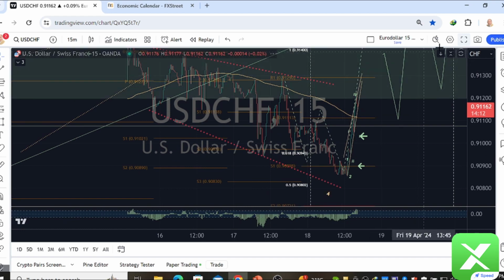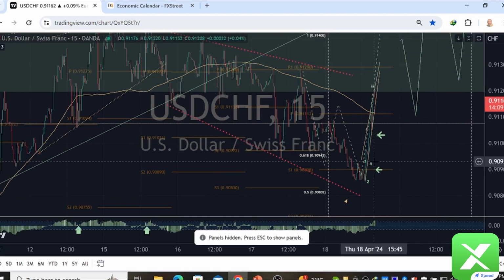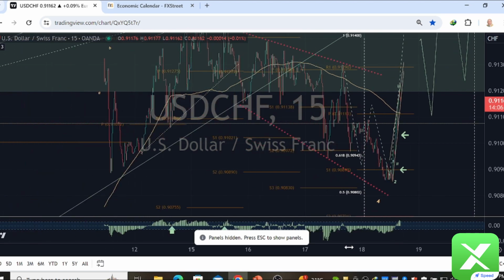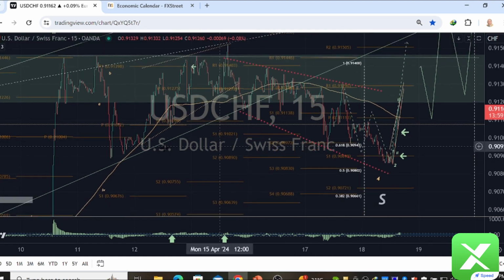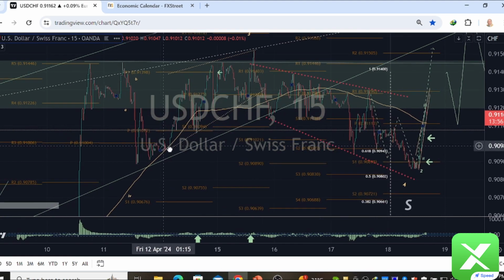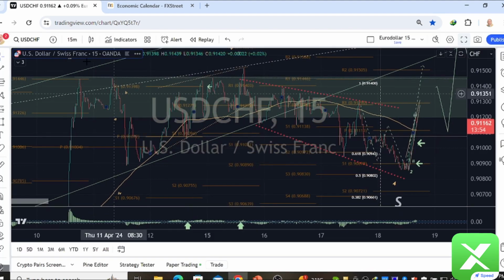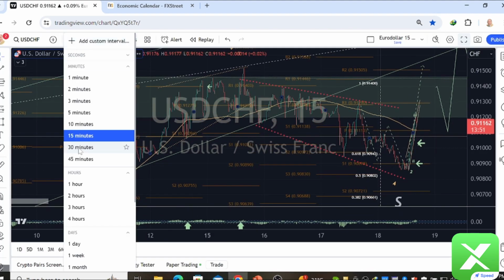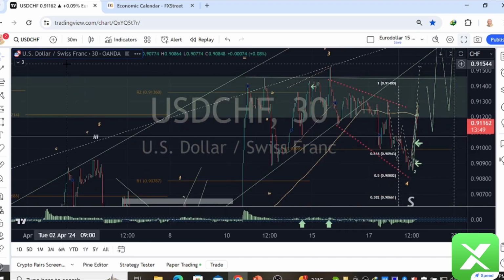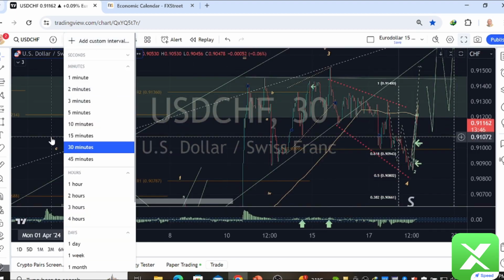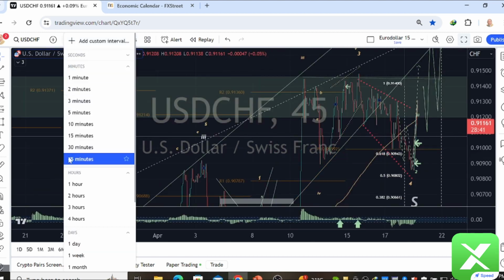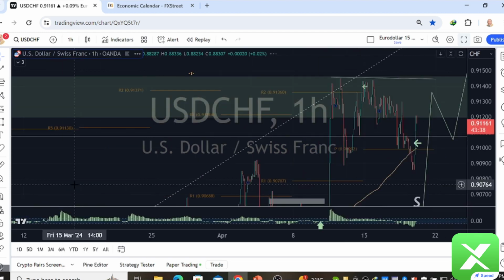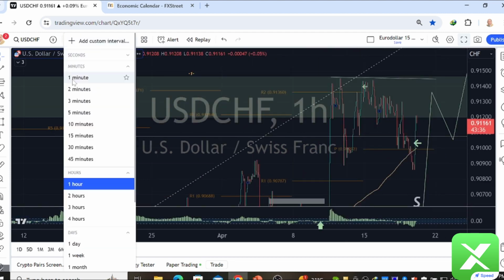Let's check the higher degree momentum to see if there's positive momentum on the intermediate term frames at this point. So move to 30 minutes. We're not seeing anything positive then. There's no positive momentum on the 30. There's no positive momentum on the 45. We're not going to get positive momentum on the 1 hour. 2 hours.